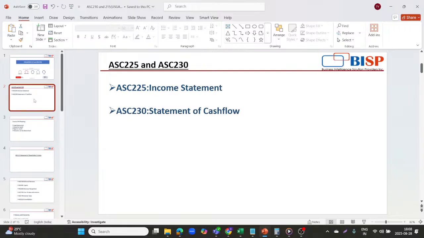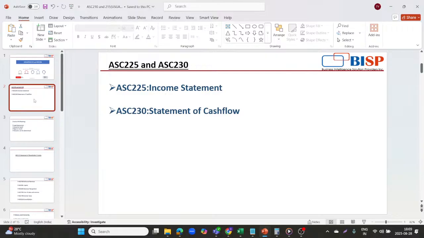Past performance means the timings and uncertainty of cash flows, revenue statement, for example, gain or loss. Gain or loss from operating sections is available in the income statement. It gives information to the readers about the performance of the company for a particular period.